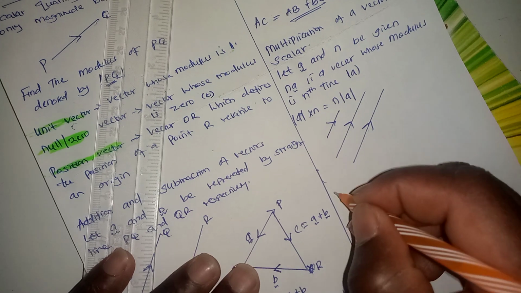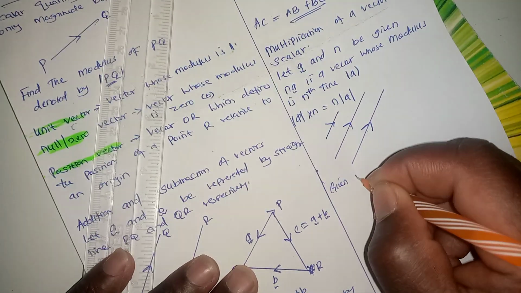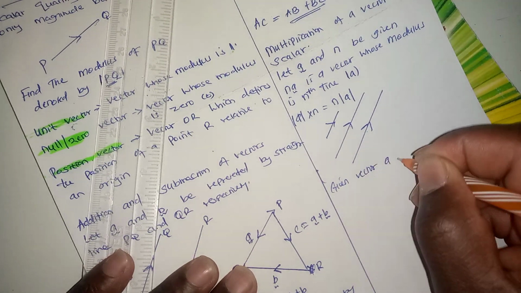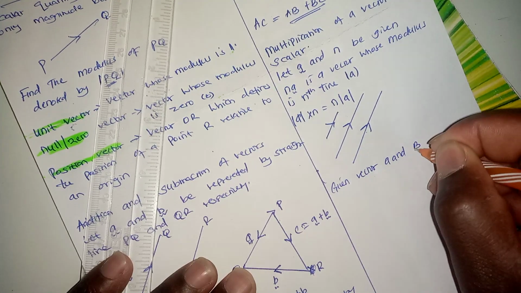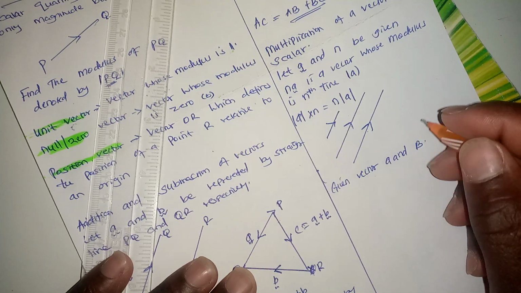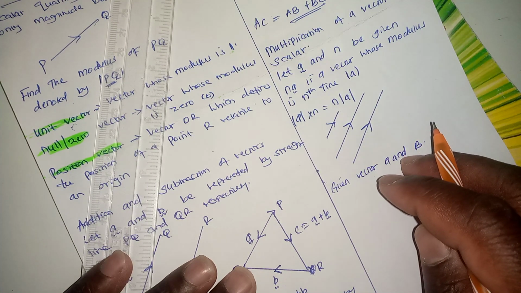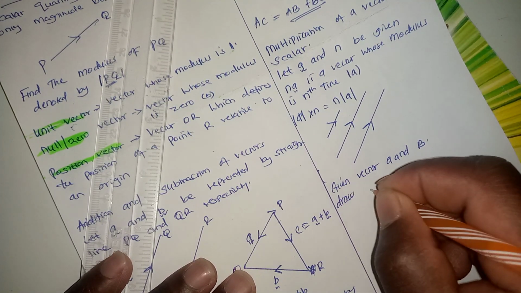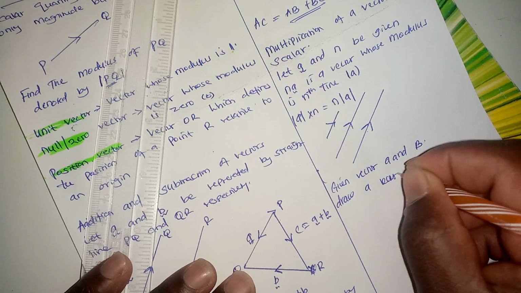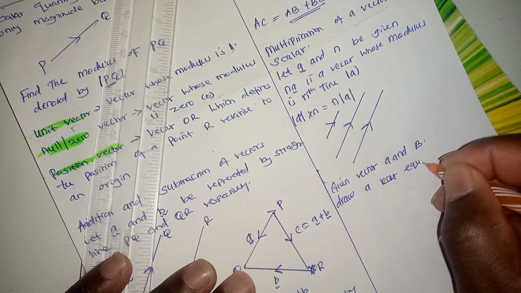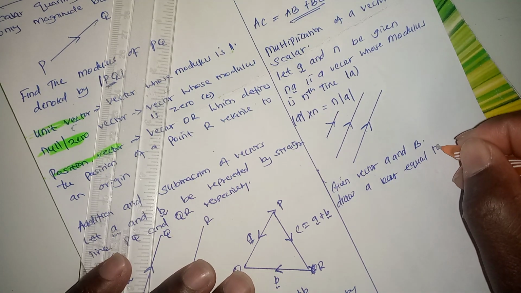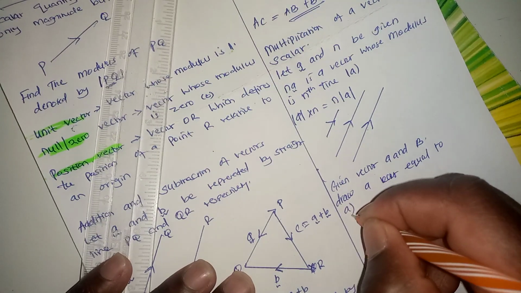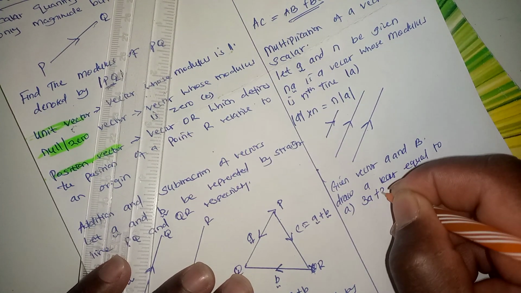Given vectors A and B, we are told to draw a vector equal to 3A plus 2B.